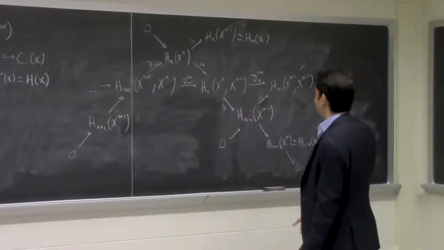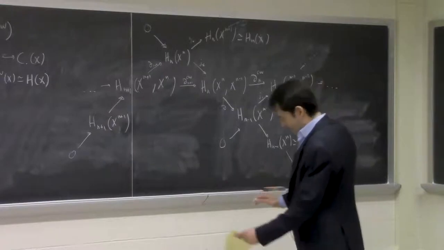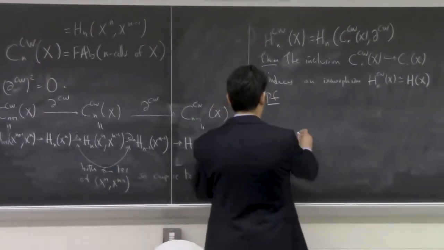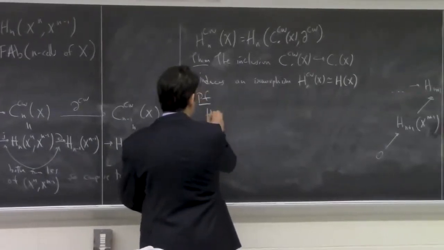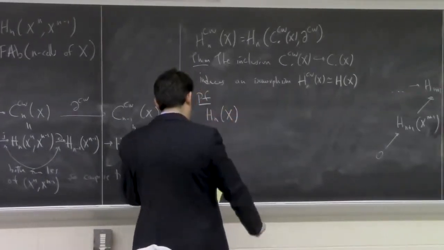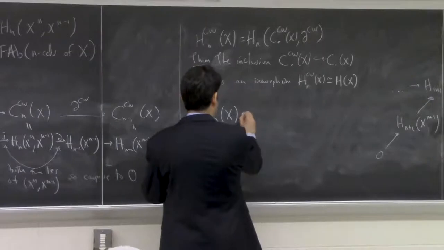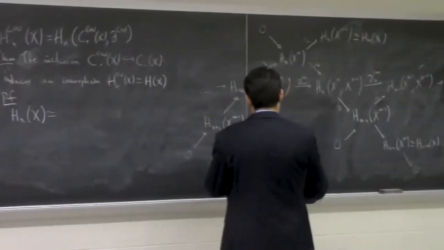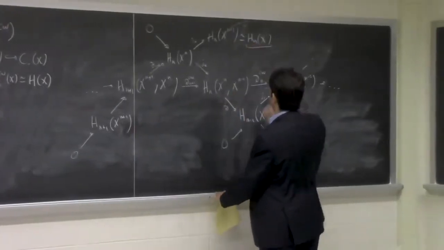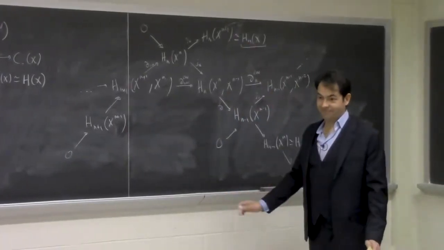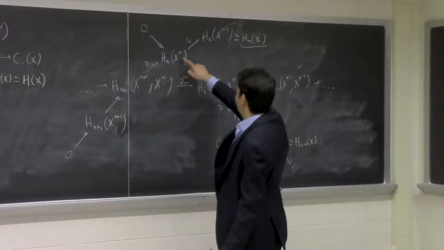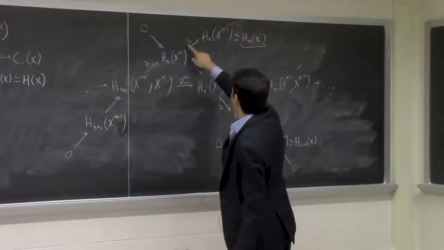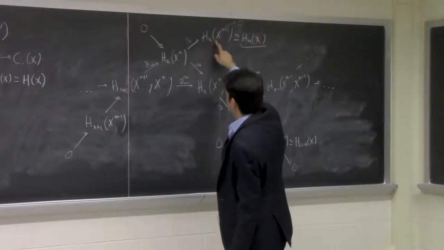Okay, so here is the staring to look at. Hn of x is right here. And since I have a 0 here, that means that this guy is surjective, right?